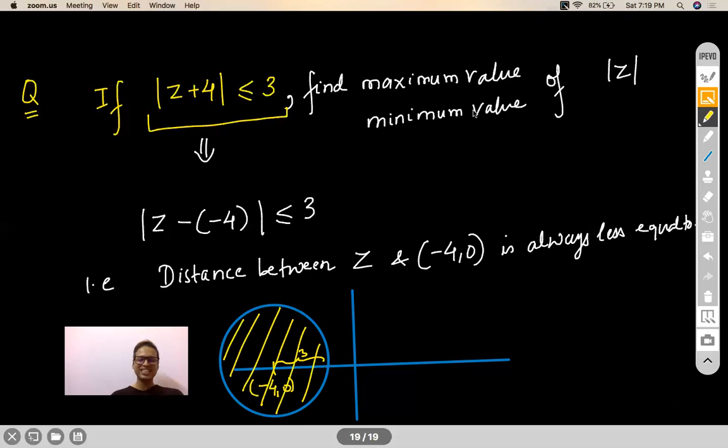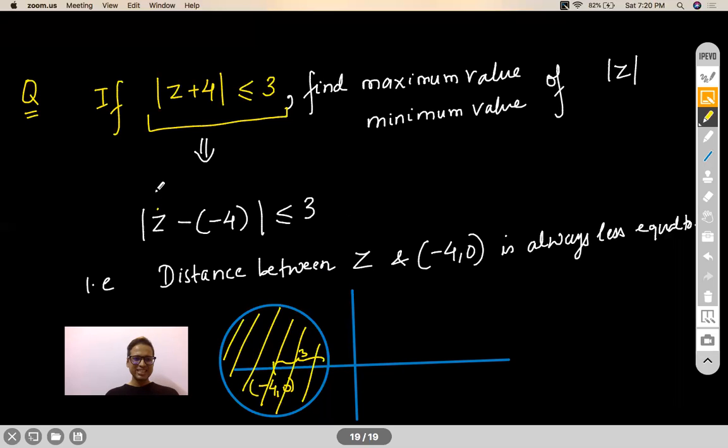Absolutely, Aditya, I think that image started building up for him. See, understand this. z is something which I don't know where it is, but it is satisfying this inequality. Now I have come from the concept of mod z1 minus z2. Mod z1 minus z2 gives you the distance between z1 and z2, right?